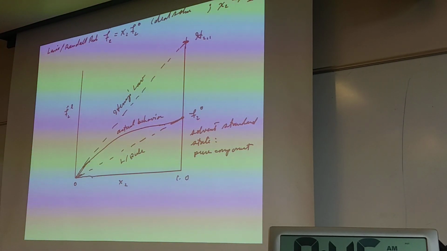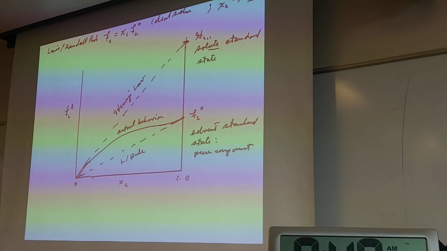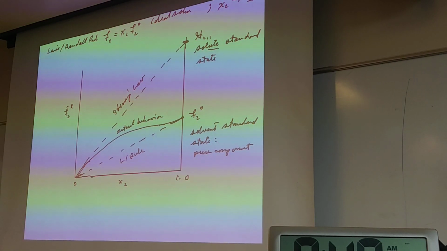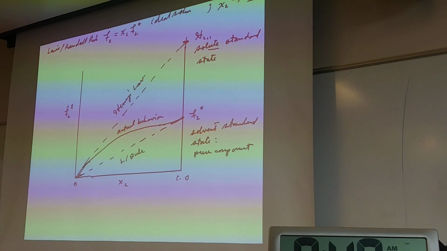But here we've got a more interesting thing. This is what we would define as the solute standard state. So let's think about what that is. This magnitude is Henry's constant, and of course it's a fugacity, and has units of pressure.